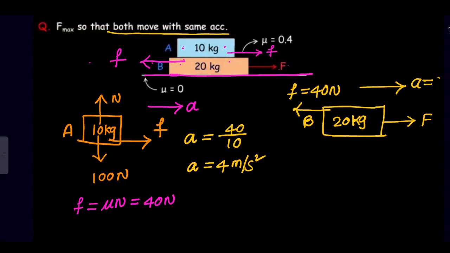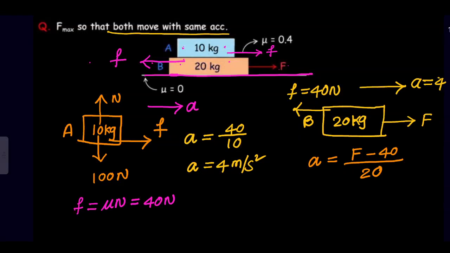We already calculated this. Now tell me the acceleration formula. Acceleration is net force by total mass, that is F minus 40 by 20.